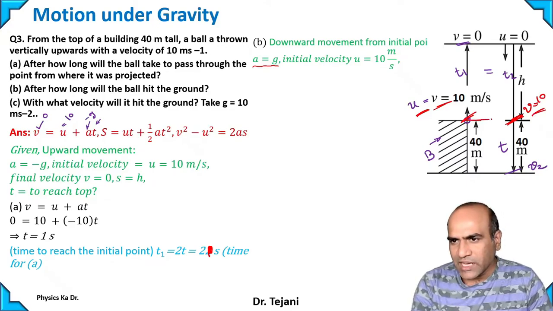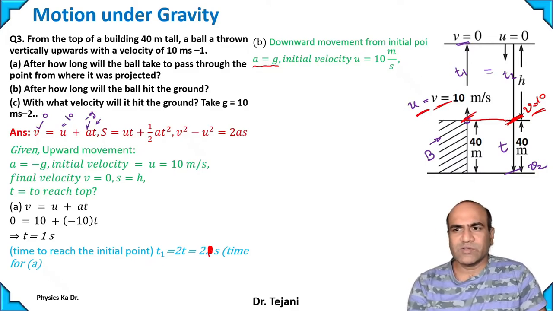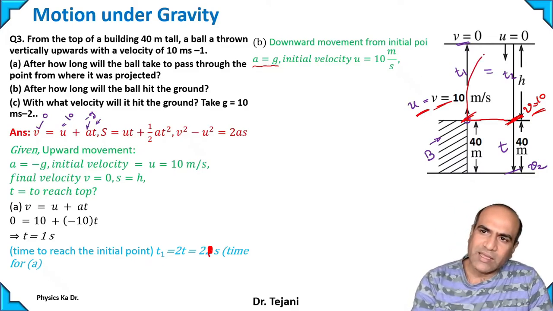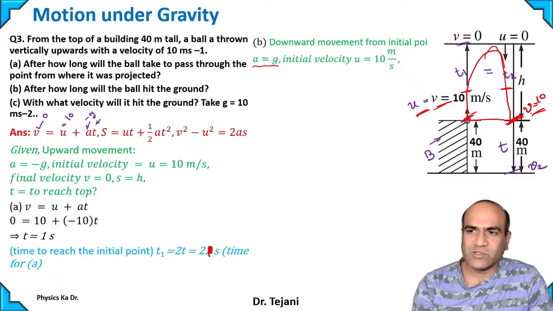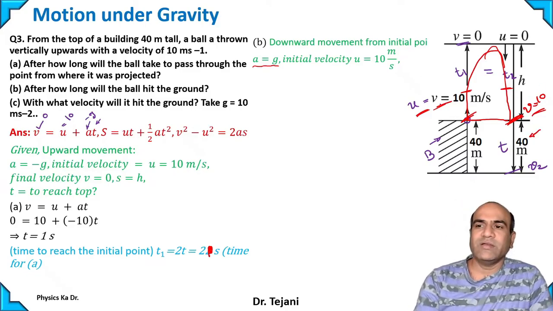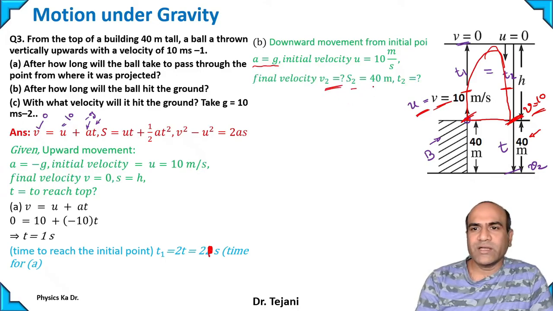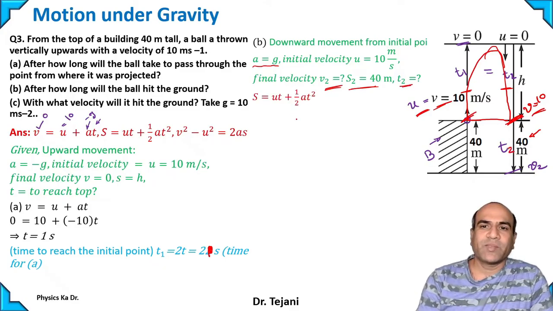At the same distance, the velocity is similar. The ball moves like that, touching the position, and at every height the velocity is the same. So u is 10, and the distance is 40. Time is only t2, the time we are considering.